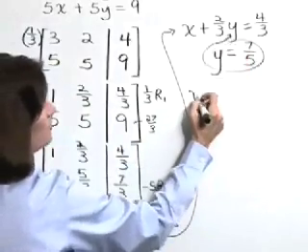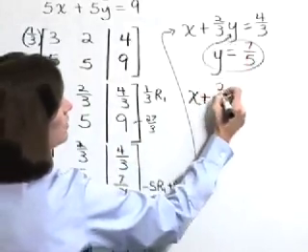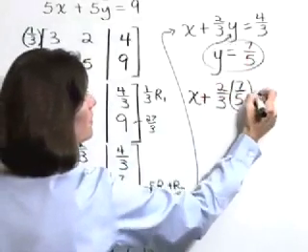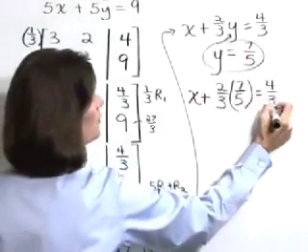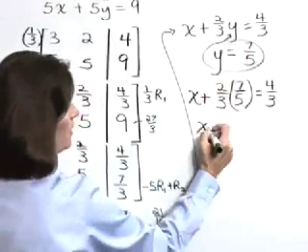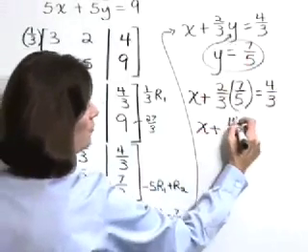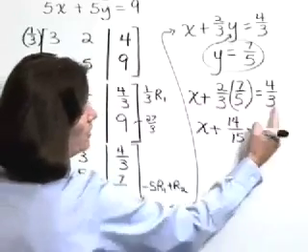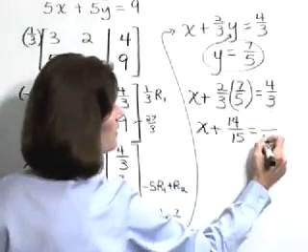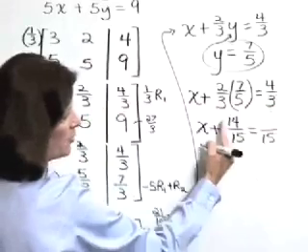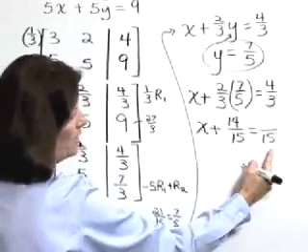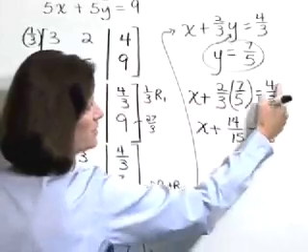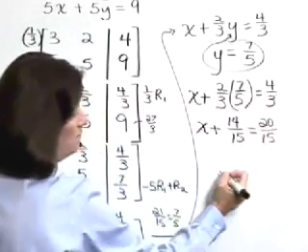That first equation then becomes x plus 2/3 times 7/5 is equal to 4/3. That's x plus 14/15 is equal to 4/3. But let's go ahead and write that with the denominator of 15 so that we can move a term over and combine with it fairly easily. 3 goes into 15 5 times, and 5 times 4 is 20.